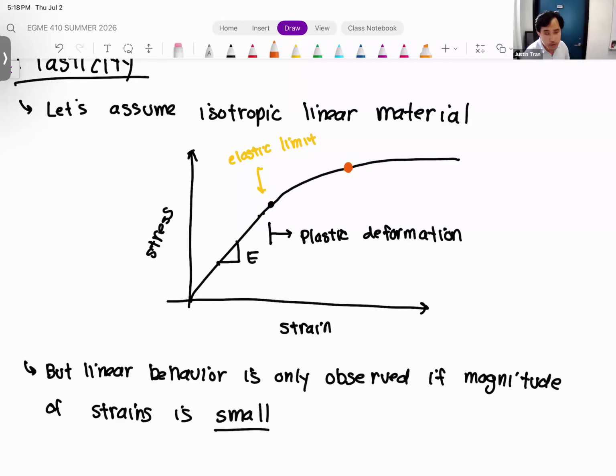I've indicated that with the orange dot. If you were to release the load at this point, we're not going to go back to the origin. Instead, we're going to go to a point where there's some residual strain. By the way, the slope of that line is also the Young's modulus. We're just starting from a different point.